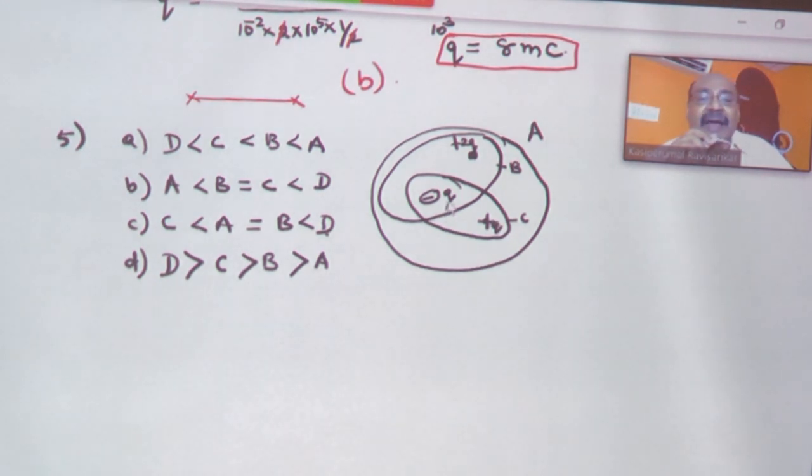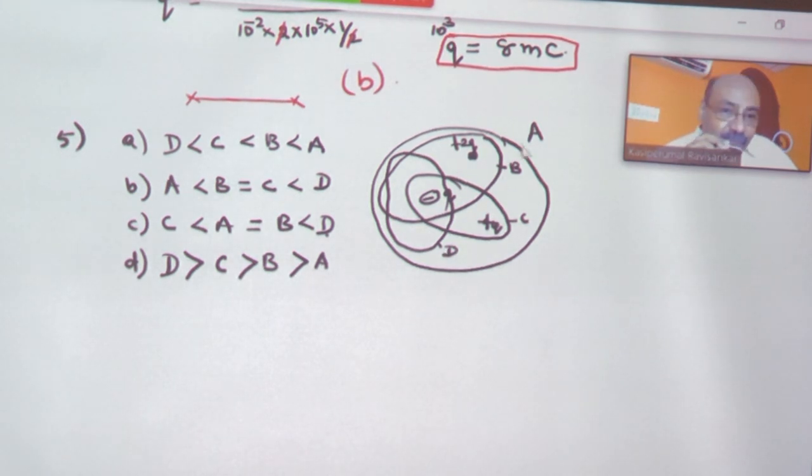Then they have another surface represented like this, and they take it as D. So they have given 4 Gaussian surfaces, and we are asked to calculate the flux and arrange the flux in increasing order.